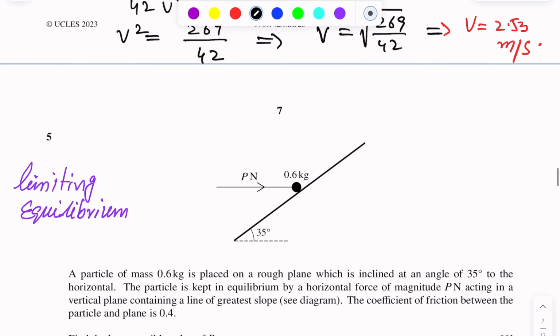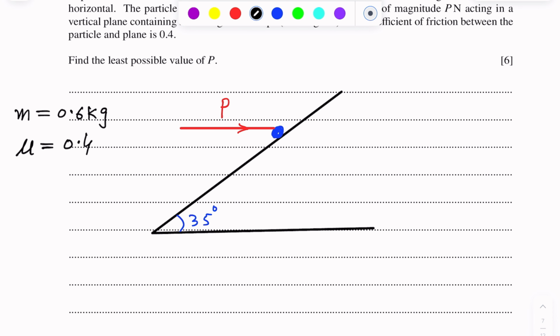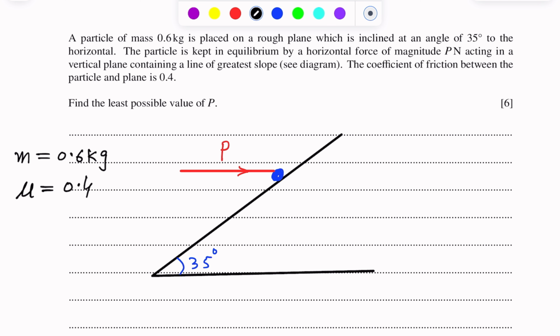Now we will represent all the possible forces acting on this particle. This force P acts horizontally, but we will resolve it into two components: one component along the plane, in the direction of movement of the particle, and one component perpendicular to the plane.